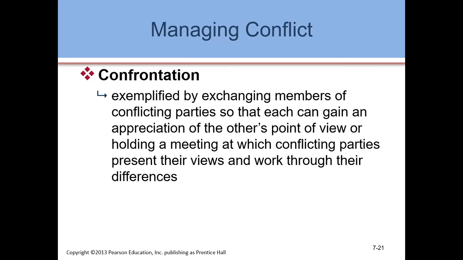It can even be in the form of confrontation, exemplified by exchanging members of conflicting parties so that each one can gain an appreciation of the other's point of view, or holding a meeting at which conflicting parties present their views and work through their differences.